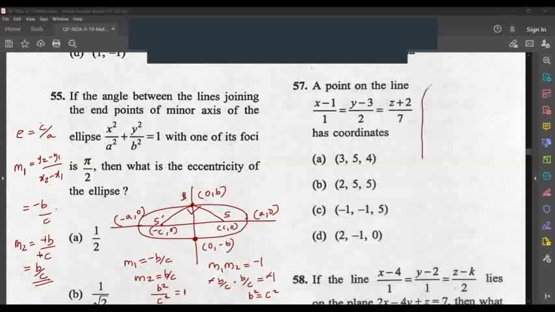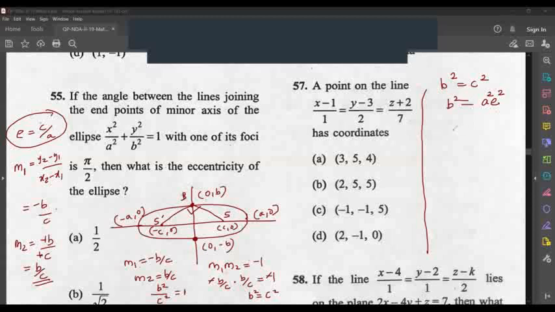Okay. Now I have to find the eccentricity. I got a conclusion that b square is equal to c square. Now I need to find the eccentricity. So e is equal to c by a. So what is c? c is ae. So a square e square is equal to b square.